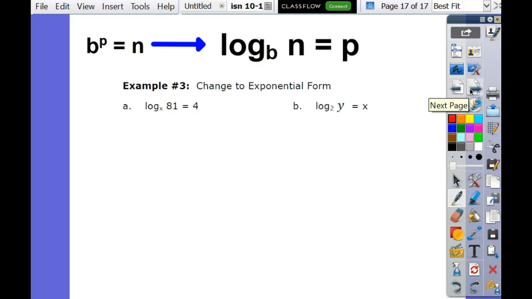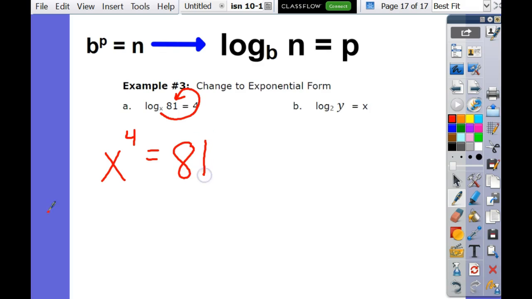These are in log form. We're going to change them to exponential form. This is the base, this is the exponent, and it's going to be equal to 81. Now, all we're doing right now today is writing it down. What comes next is solving for x. Anybody know what x would be equal to in this problem?